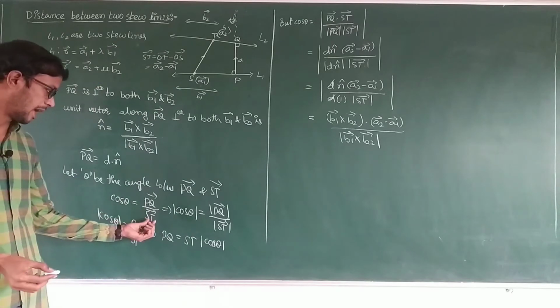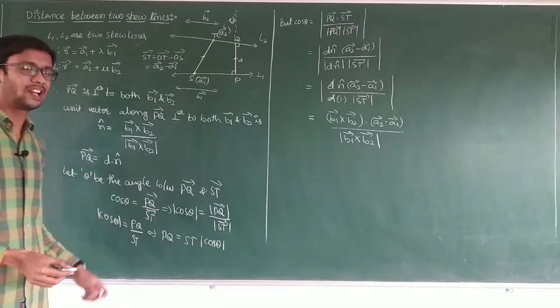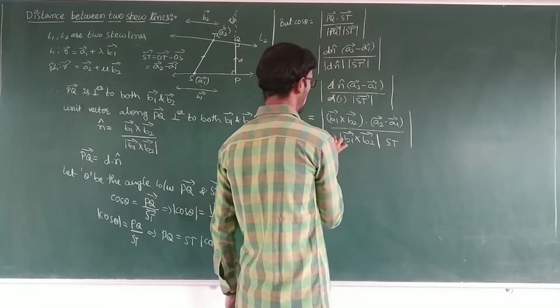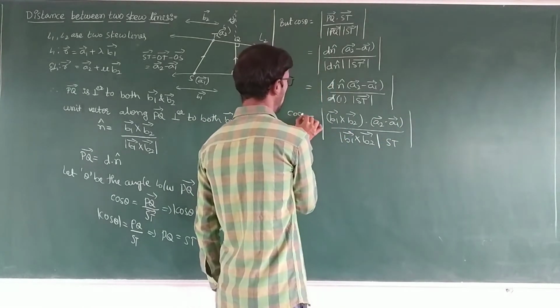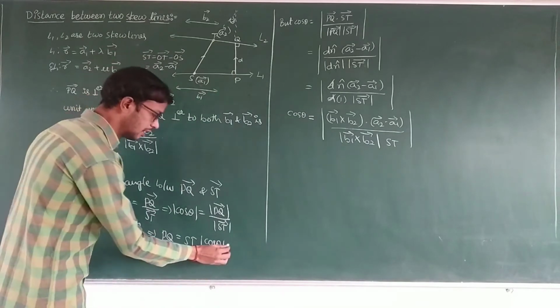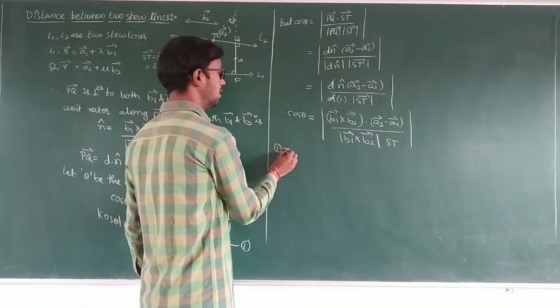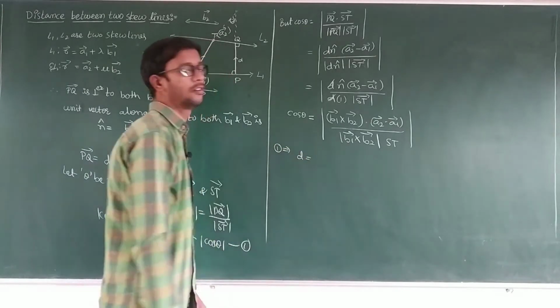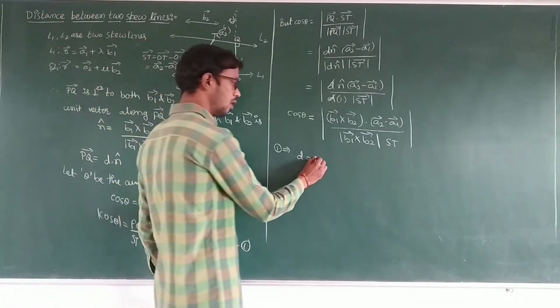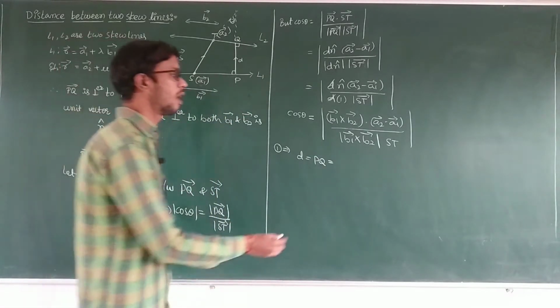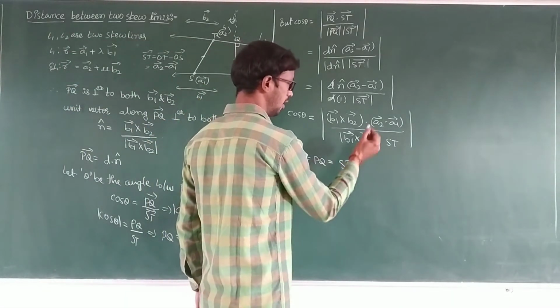What is the magnitude of SP bar? You can see here, the magnitude of SP bar, we wrote just SP. So here SP, this total is cos theta. If you take this one as equation 1, from this shortest distance d, d is equal to PQ is equal to SP into cos theta. What is SP?